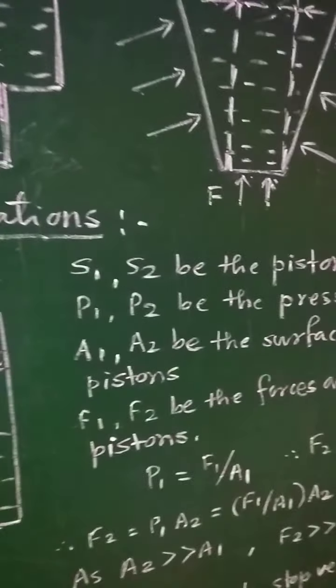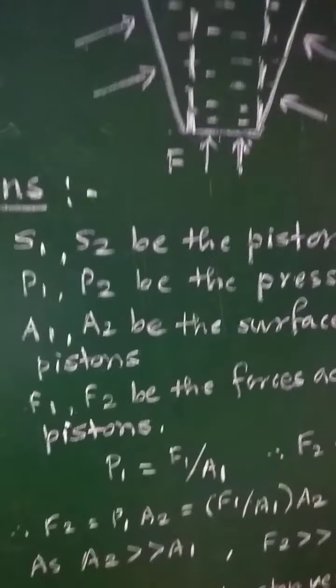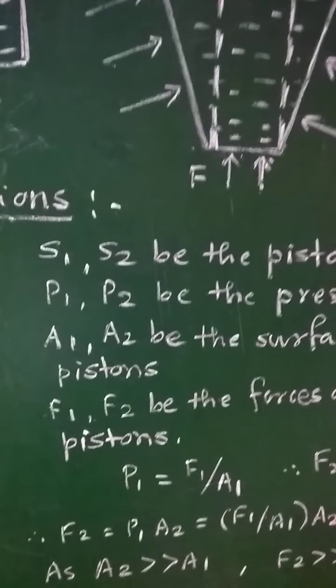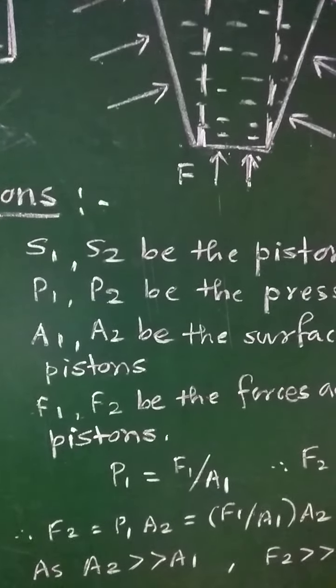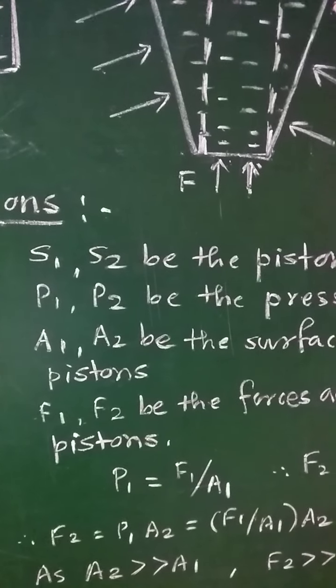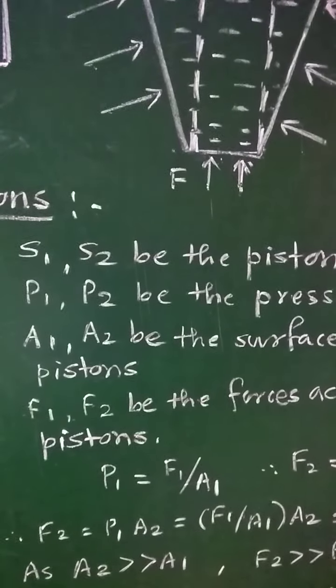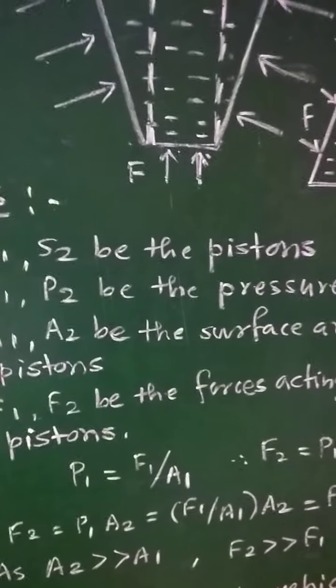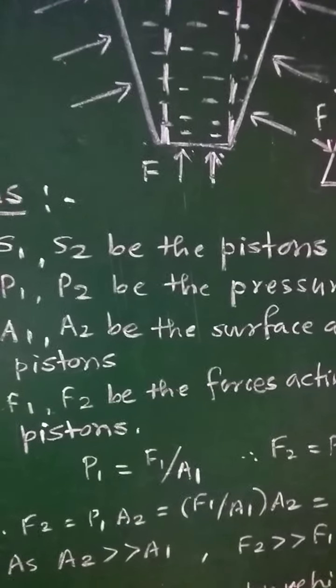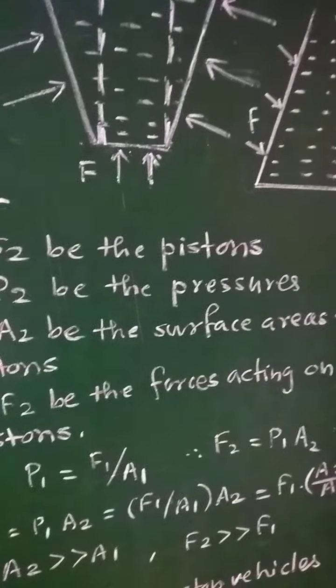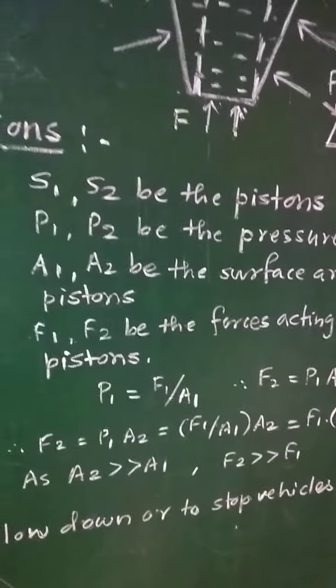And therefore, if you consider all these quantities, that is S1, S2 as the pistons, P1, P2 the pressures in the respective vessels, A1, A2 the surface areas of the pistons, and F1, F2 the forces acting on the two pistons.